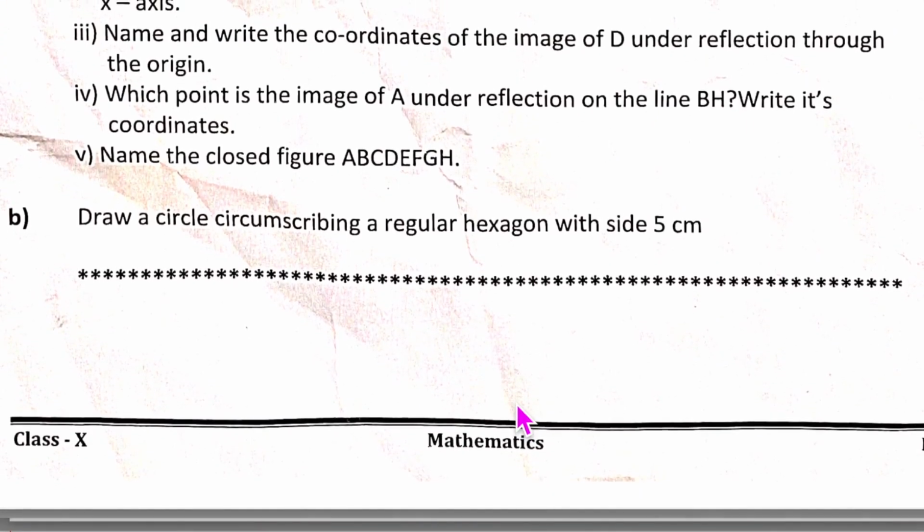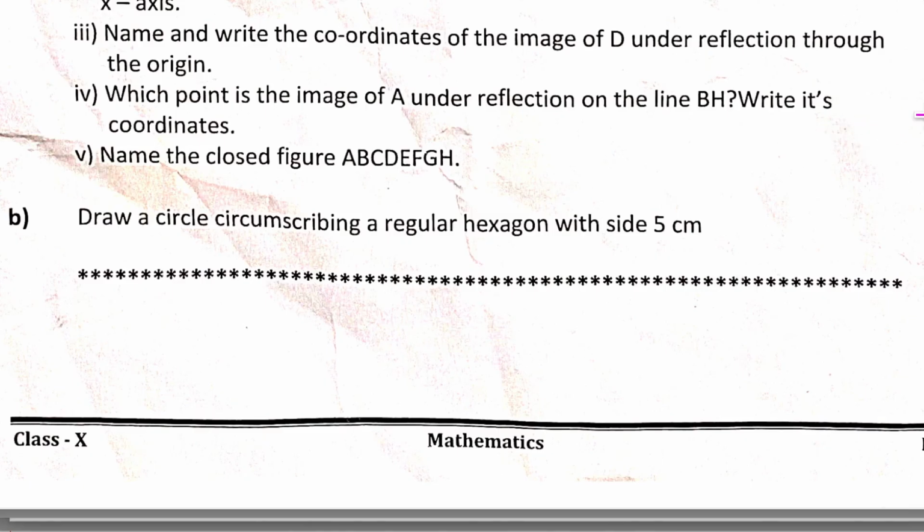Now what are they saying? Draw the circle circumscribing a regular hexagon. Circumscribing the hexagon means they are asking for it like this. Understanding? Now this will be very simple. What will we have to do first? The radius is 5 centimeters and each side will be correct.